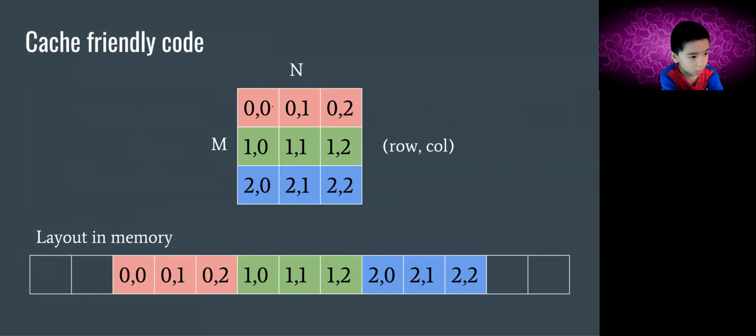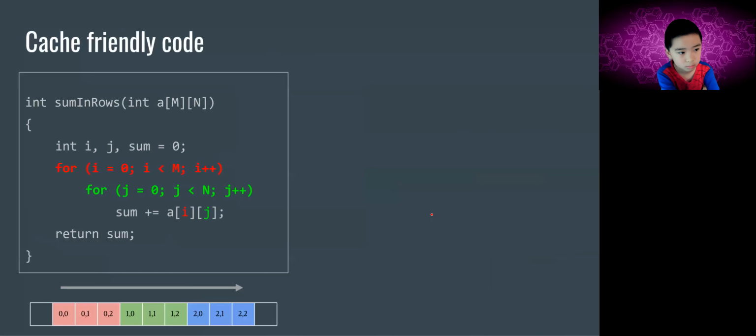On the left side, the code loops through row by row. For each row tracked by index i, it sums up all the elements using index j, so the CPU loads and accesses contiguous data in a stride 1 pattern. That's exactly what cache is designed for.